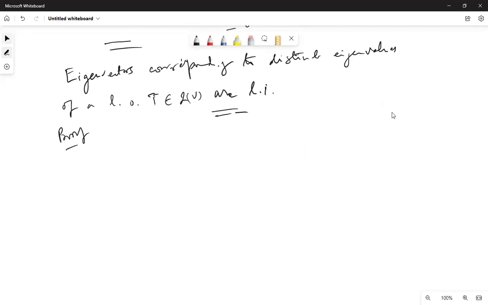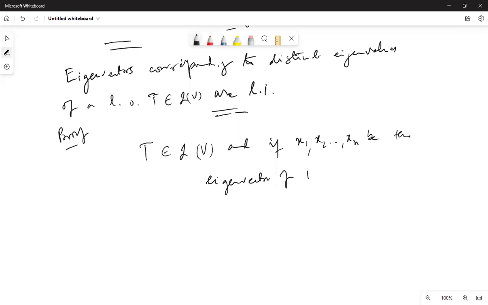Just look at that. Since T belongs to LV, let x1, x2, ..., xk be the eigenvectors of T. Let me not take xn, because if the dimension is n, then these are all the eigenvectors.